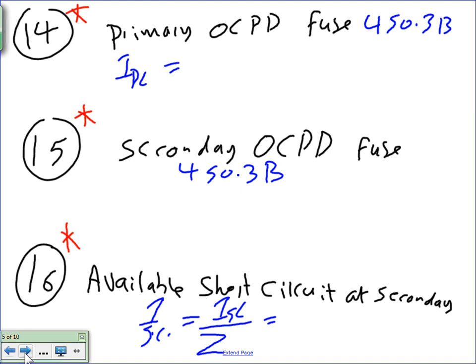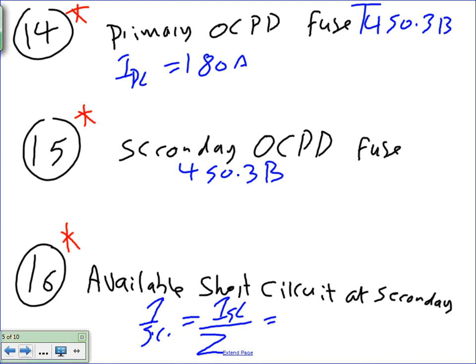Now you're going to go to table 450.3(B). We have been in this table. We're going to size our fuse using the full load amps, which is the line. Always use the line.